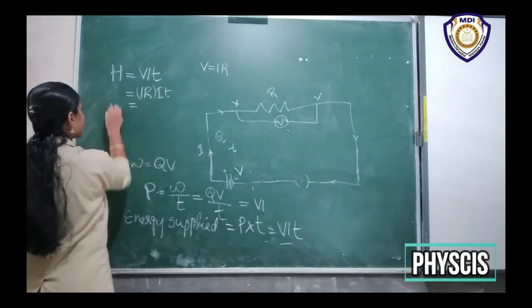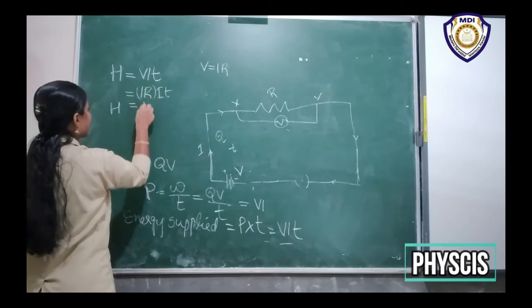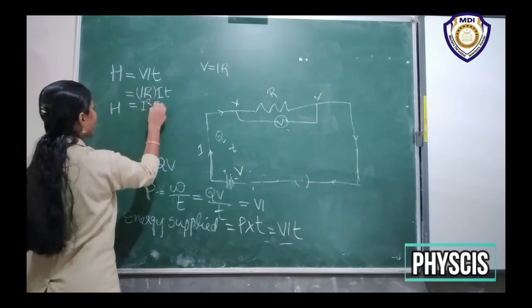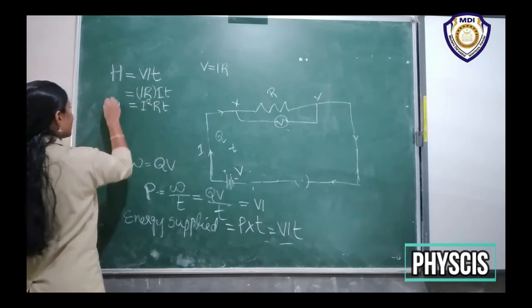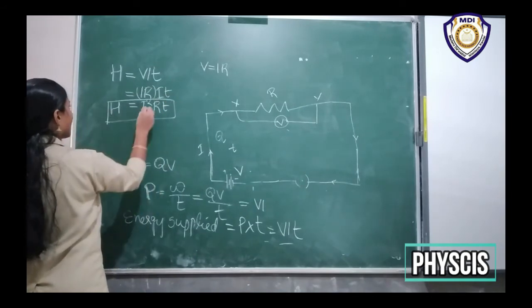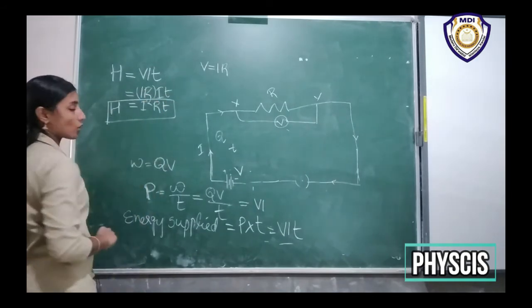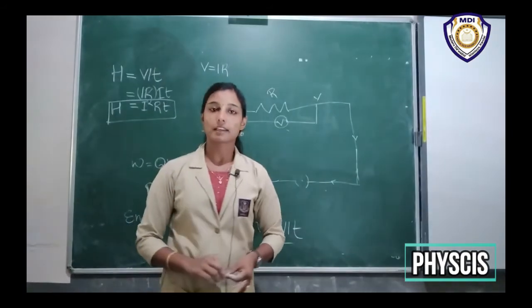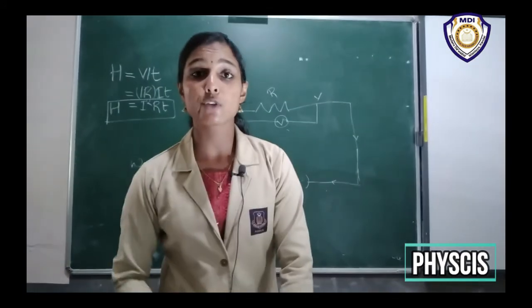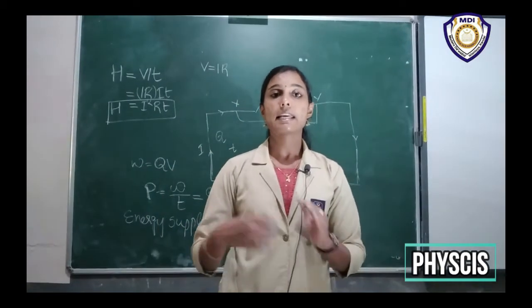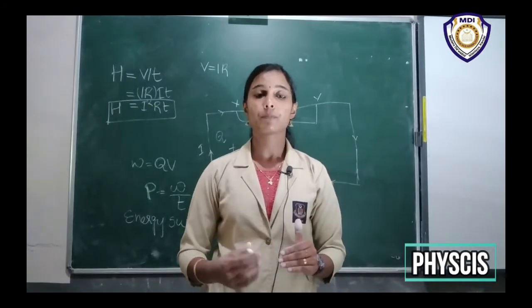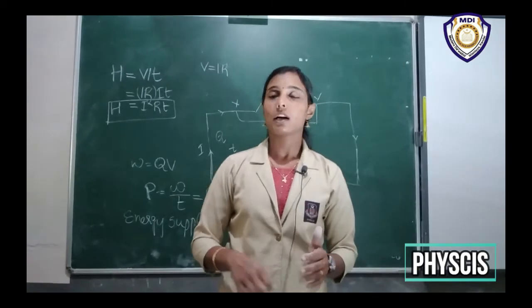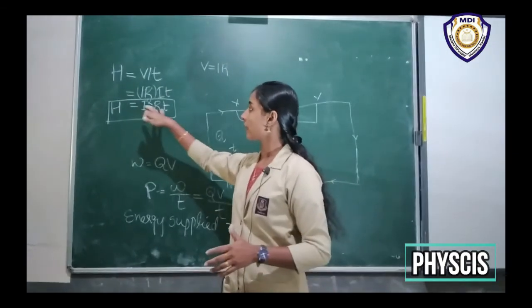So we can write H is equal to I squared RT. This is Joule's law of heating, which gives the heat energy as I squared RT.